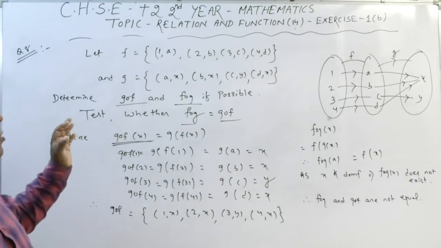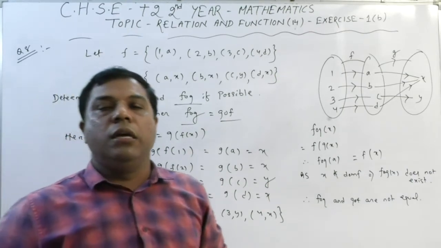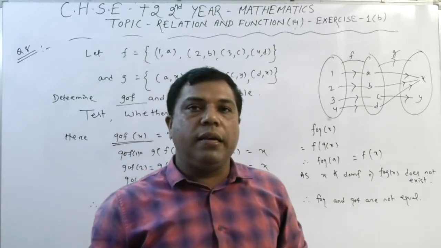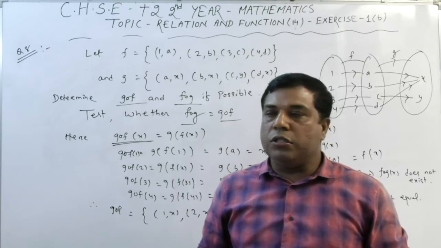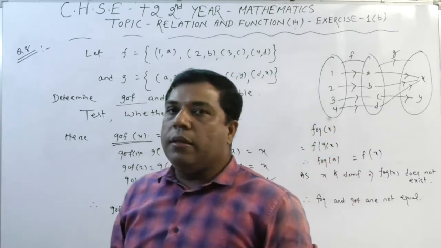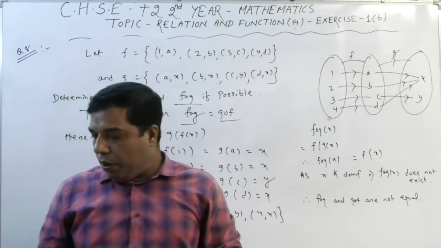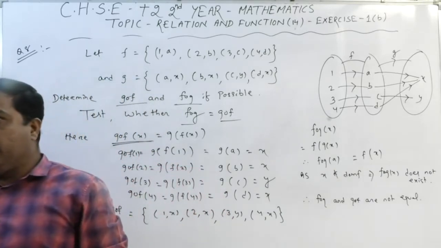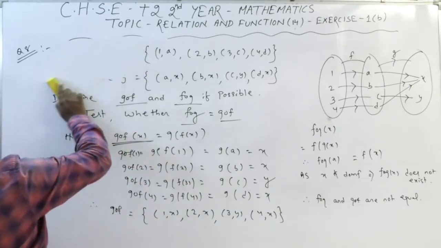This problem is concerned with composition of functions. Okay, my dear students. So now I think you are able to find composition of functions and you are able to solve this problem. Okay, now we'll proceed to another problem. For your clarity, let us move to another problem. I am going to clean the board now.